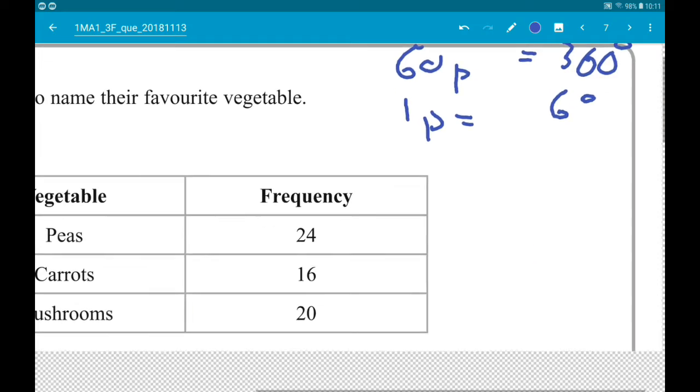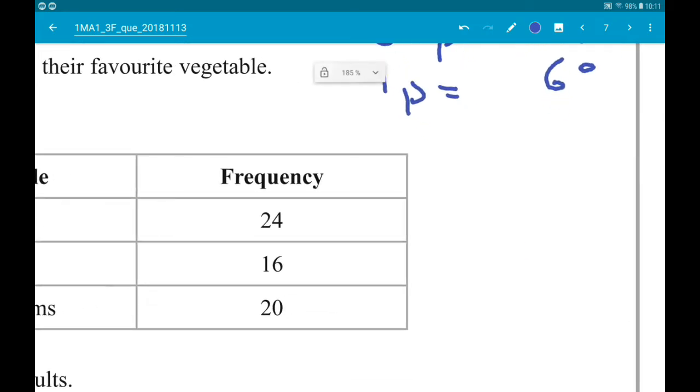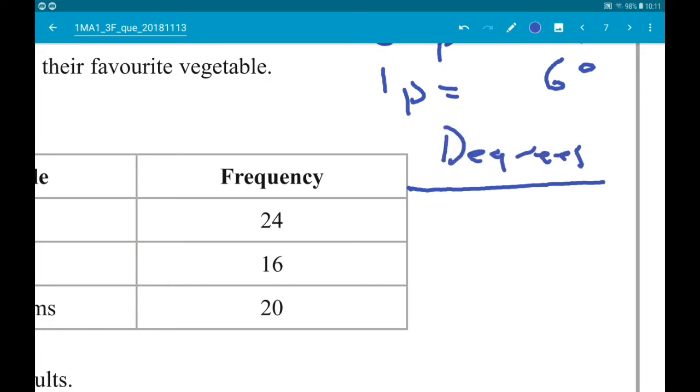So if we put an extra column in the table for the degrees, then we multiply the frequency by 6. So 6 times 24 is 144. 6 times 16 is 96.